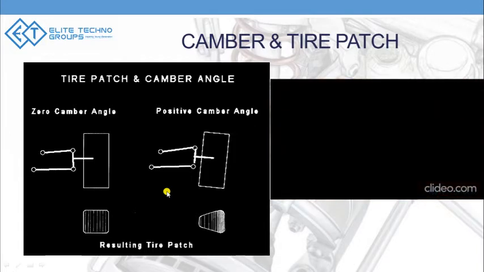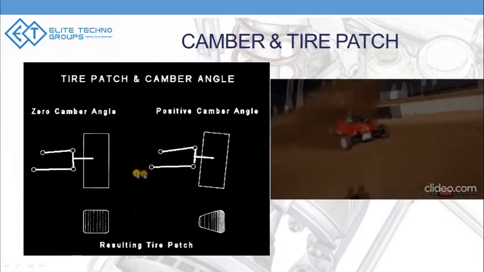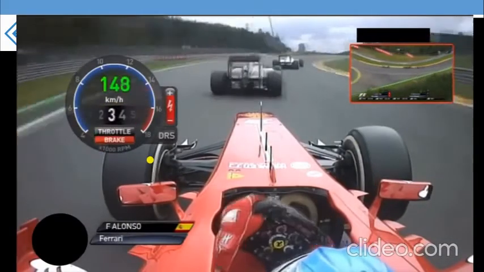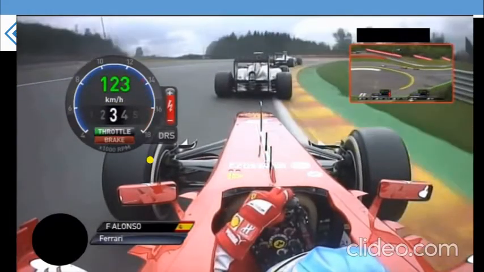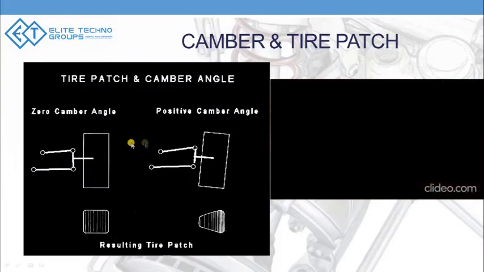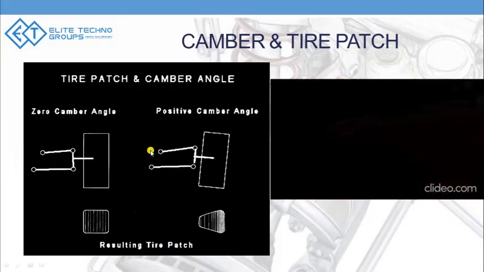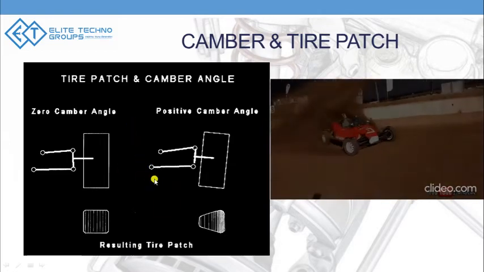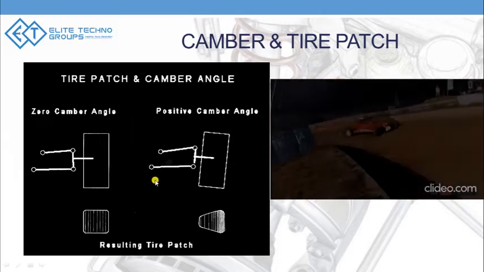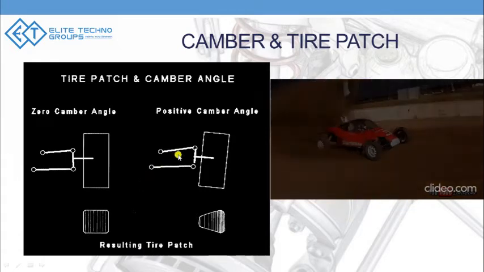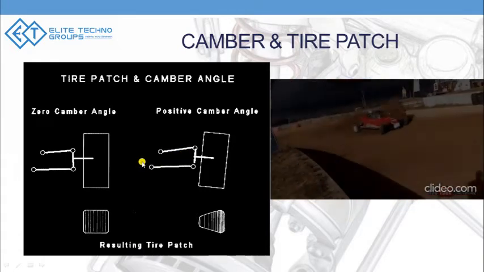So for example, for a truck, the most vulnerable situation under which it needs to maintain a maximum road contact patch is when the truck is maximum loaded. When a truck is maximum loaded, the body tends to go down. And when the body tends to go down, it pulls the upper arm towards itself.